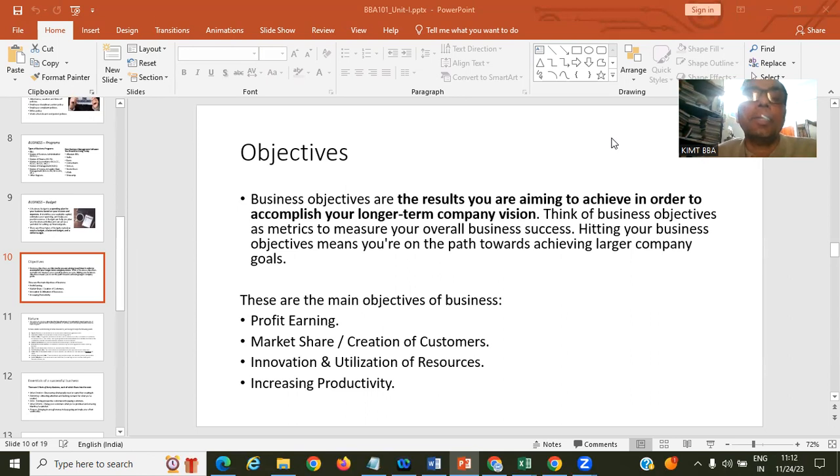So, creating new customers. Suppose you are making a food product and that is available only in Western Orissa. For example, you are making some packets of groundnuts. Suppose this is something produced on our side.